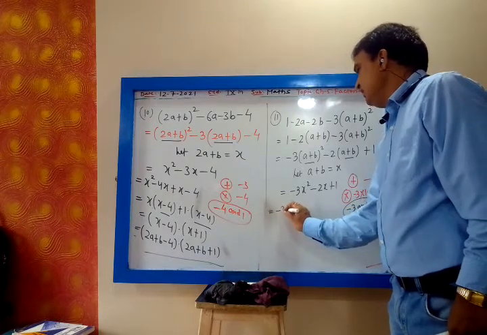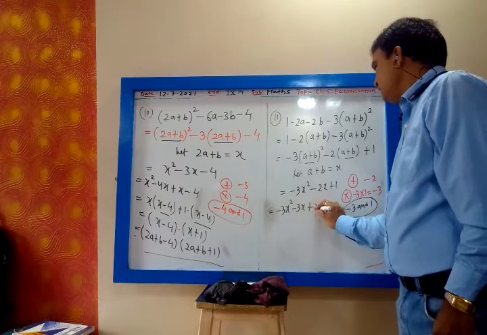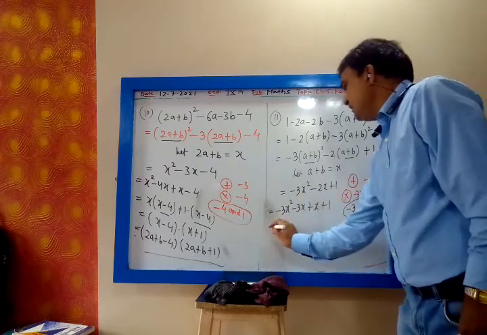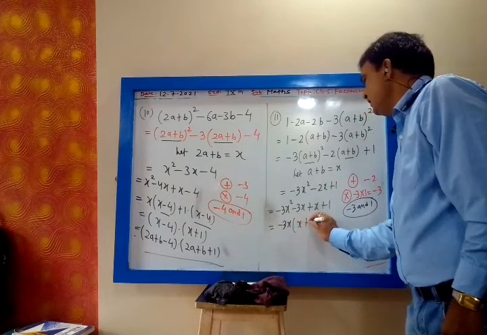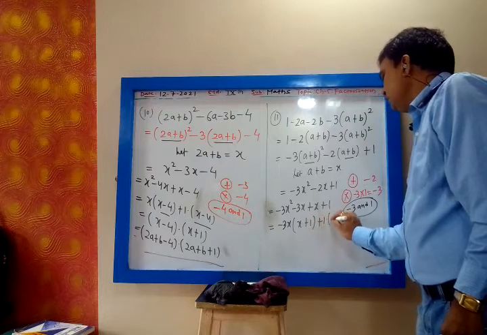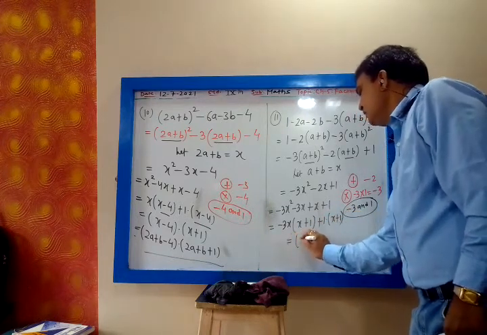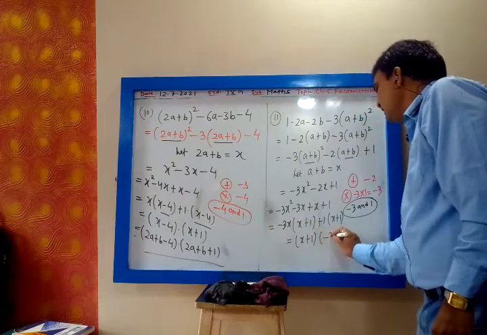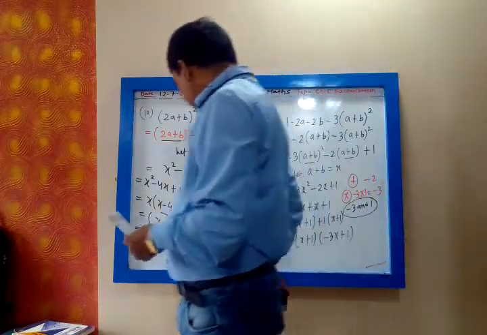So this is minus 3x square minus 3x plus x plus 1. Minus 3x is common, so that is x plus 1 plus 1 into x plus 1. X plus 1 is common. So that is x plus 1 into minus 3x plus 1. Minus 3x plus 1 I will write 1 minus 3x.